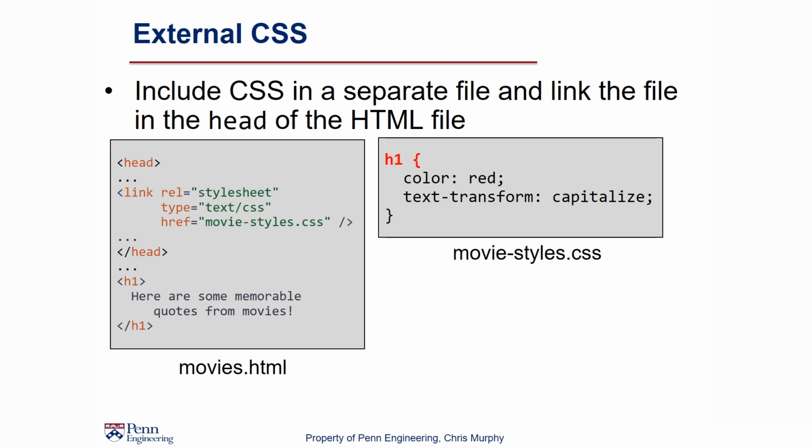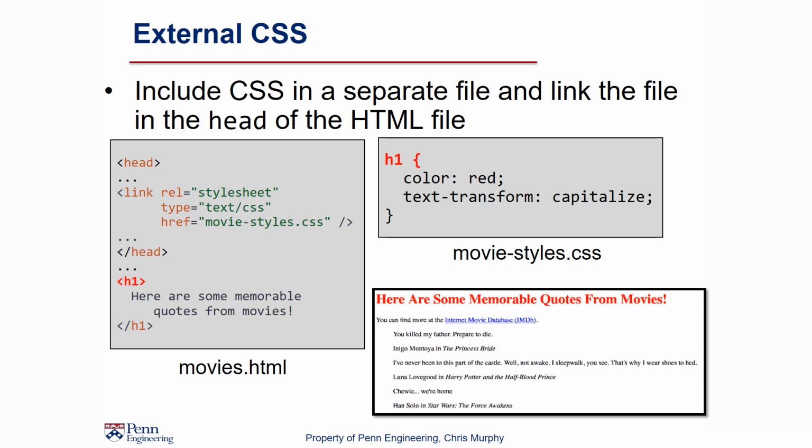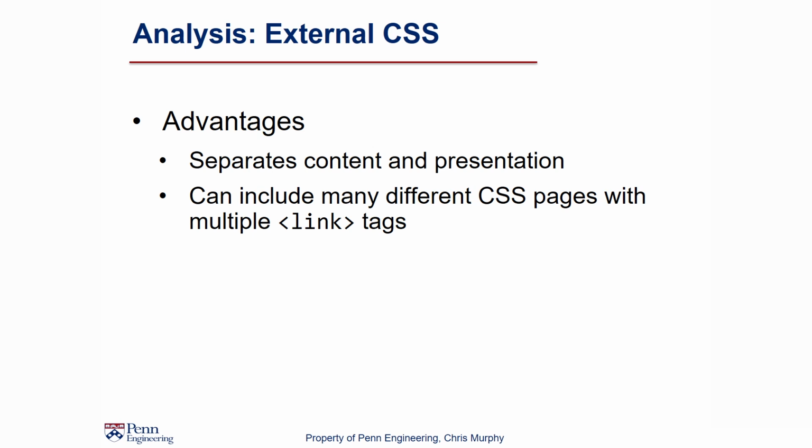Here we see, as we saw in the previous example, that we're going to apply this styling to all H1 elements. So for instance, over here, we have the H1 elements. And when the browser renders the page, it will apply this styling to all H1 elements, and so the header, in this case again, will be red. So now we've managed to separate the content and presentation, not just from the body and the head, but in completely separate files, an HTML file and a CSS file.